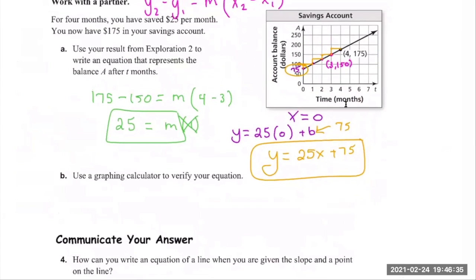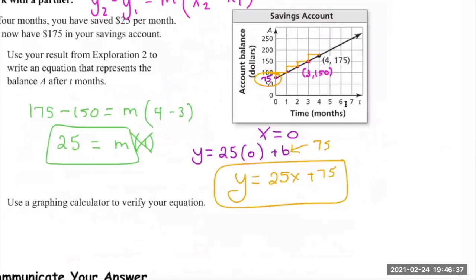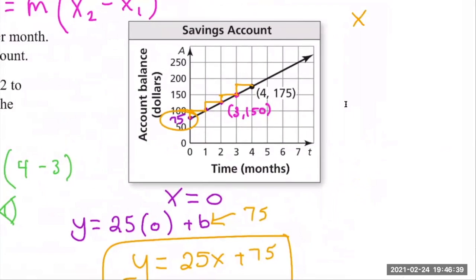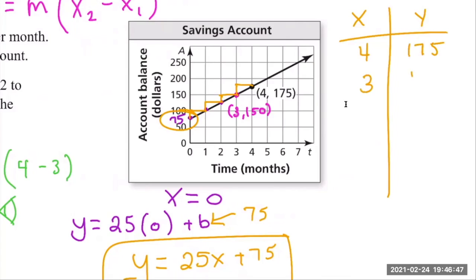If you're ever unsure, maybe you just have to do some of the math and write it down. So on this one, we have our x values, we have our y's. We know 4 is 175. Well, we found 3, it's 150. If I subtract 1 on this side, and I'm subtracting 25 on this side, that means I have to keep a continuous pattern, because if I don't, then it's no longer a linear function.